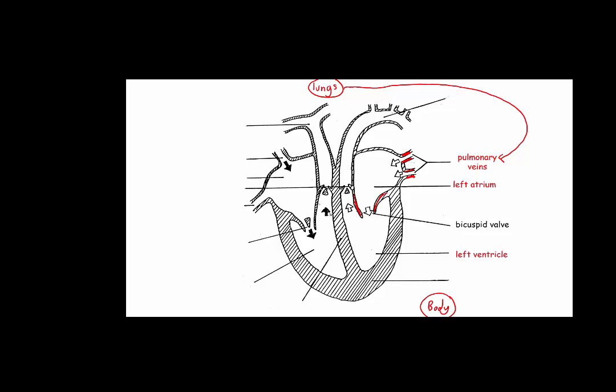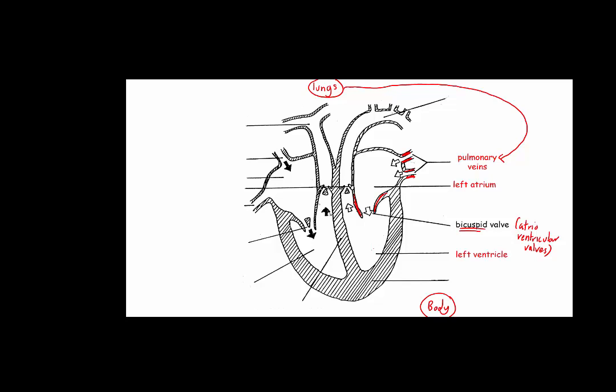Now on the left hand side of the heart, it is called a bicuspid valve. Sometimes they are called atrioventricular valves. And they are just there to separate the blood from the left atrium and the left ventricle.